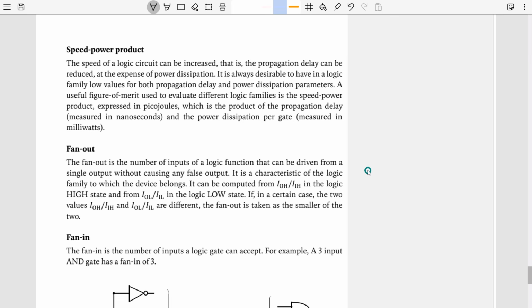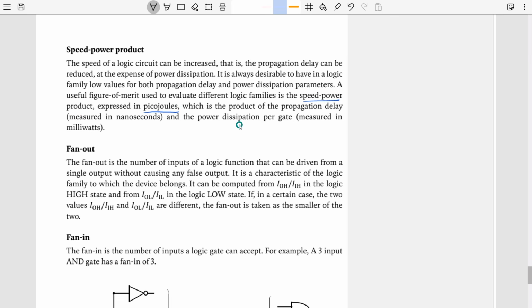Because of that, for a particular product, the speed power product gives us the idea of how efficient that is. If you want to increase one, the other should be reduced. Understand? So we also have a particular speed power product value, which is expressed in picojoules.